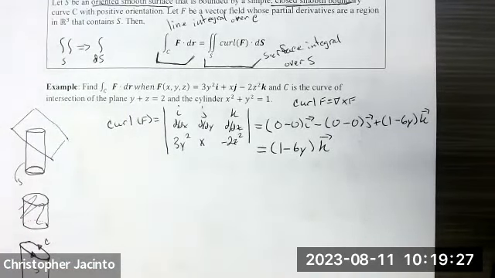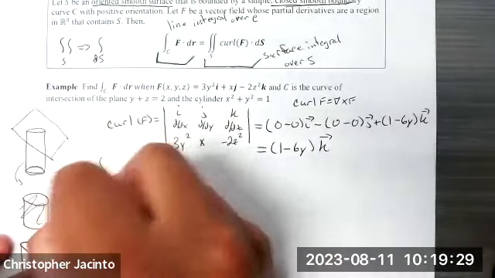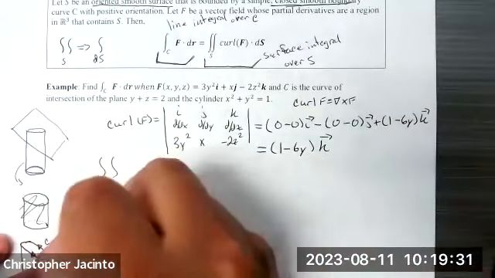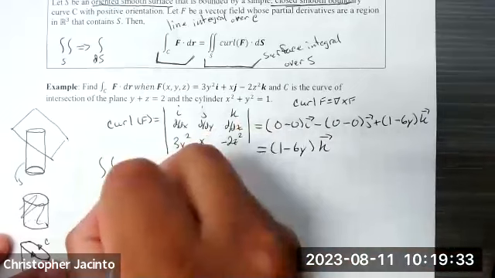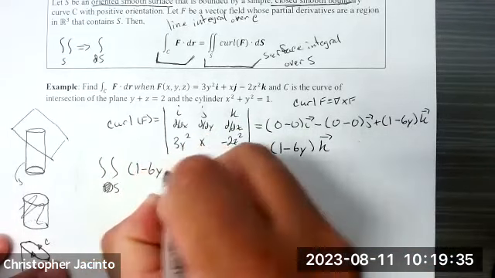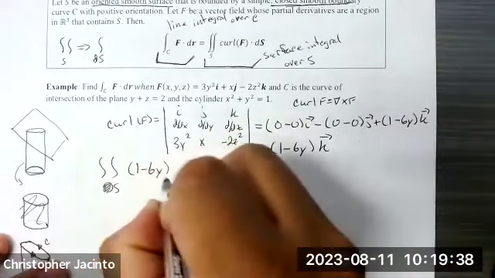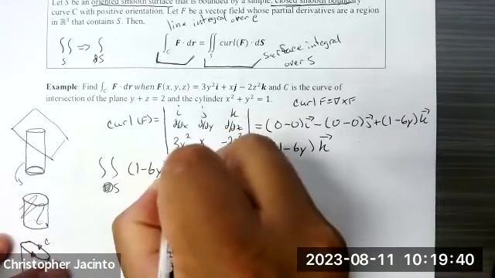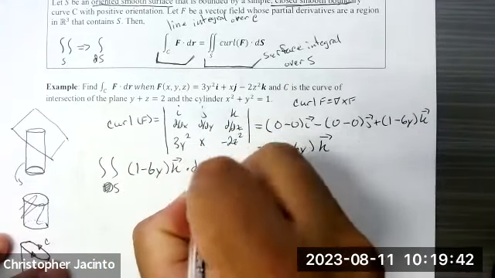So this is going to be the double integral over our surface of 1 minus 6y in the k direction times dS.